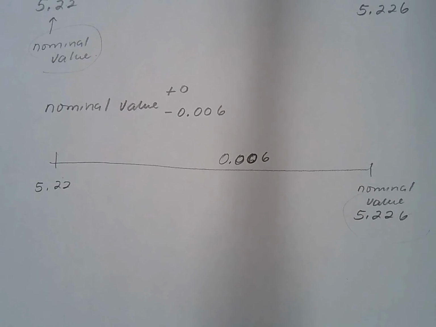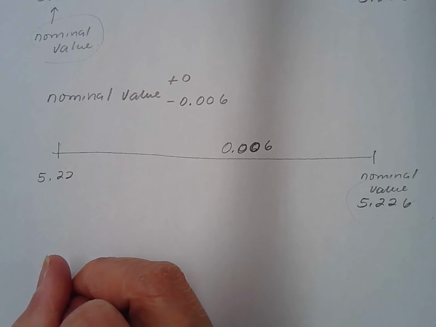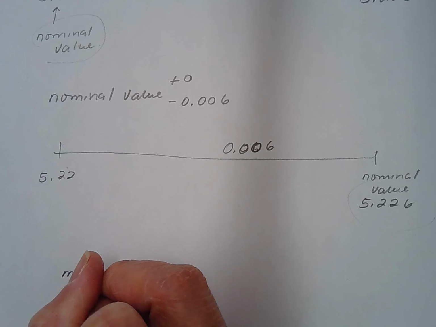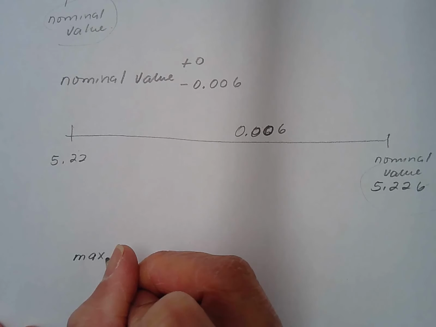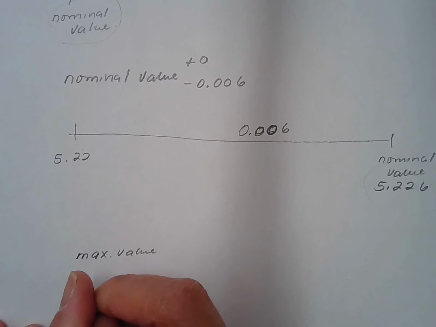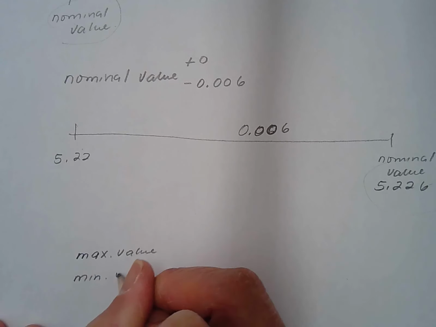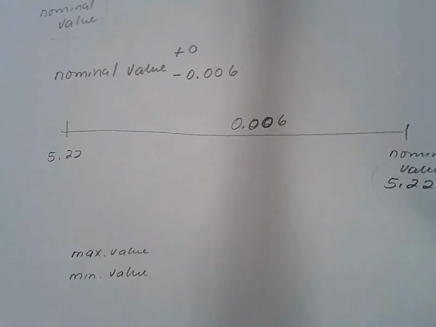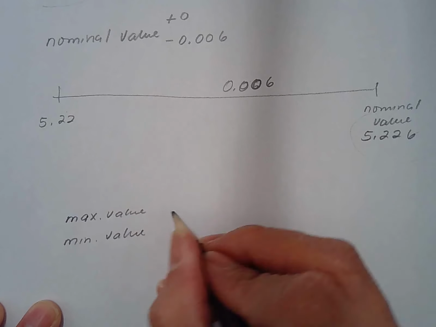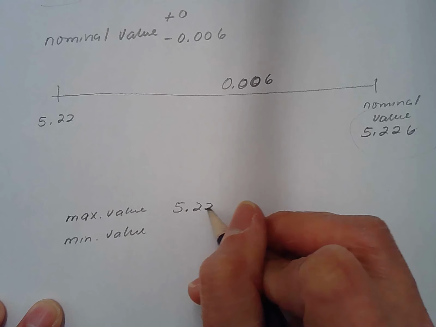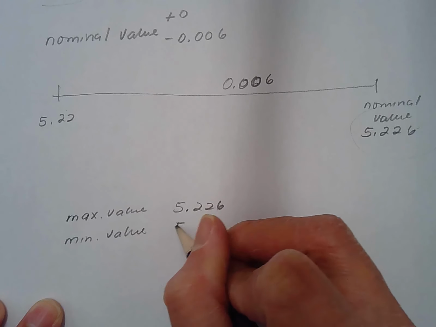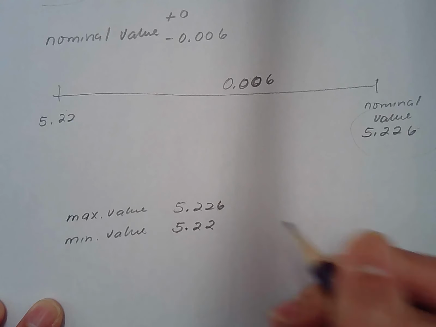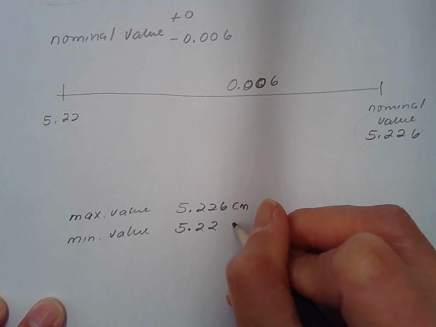Okay. And then the last way would be just writing down the maximum. This is the easiest one. Just writing down the maximum value and the minimum value. So maximum is 5.226 and the minimum value is 5.22 centimeters.